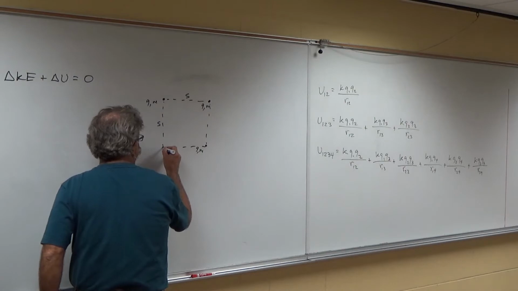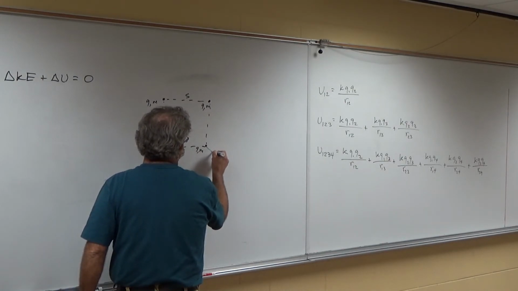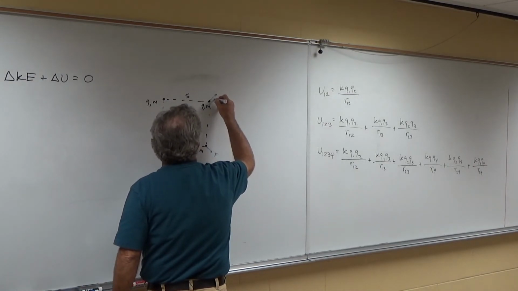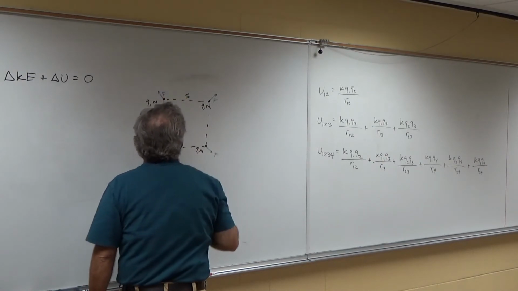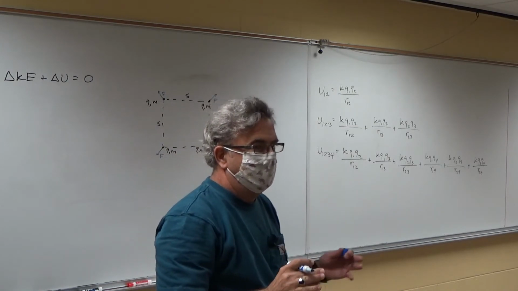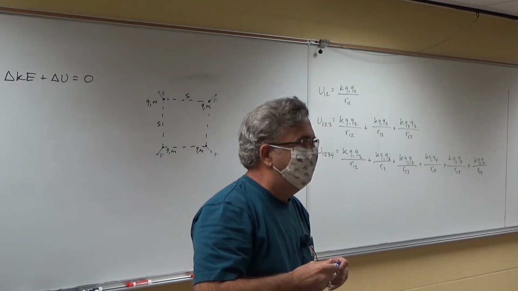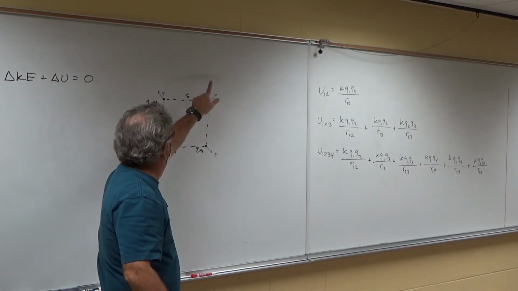There's going to be a force on each one of these charges, sort of, along the diagonal. Force, force, and force. All these equal forces, they're bound right now, okay? But the electrical force is like this, Coulomb force.